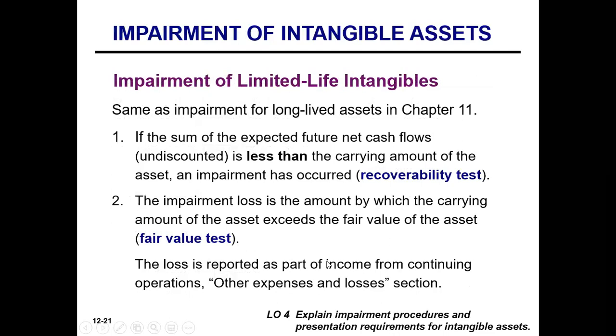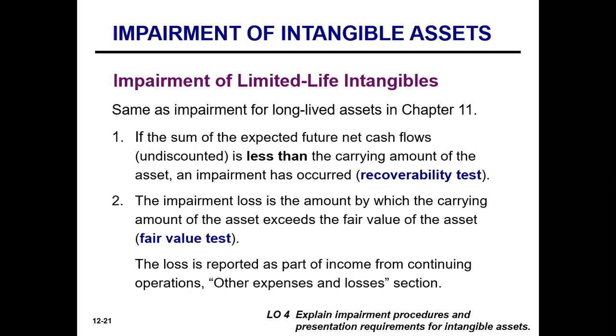All right, so impairment of limited life intangibles. Whether it's impairment of a limited life or an indefinite life asset, we have to test our intangible assets for impairment periodically, generally speaking at least once a year, right? And just like it shows here, when testing these limited life intangibles, we first perform the recoverability test and then the fair value test.